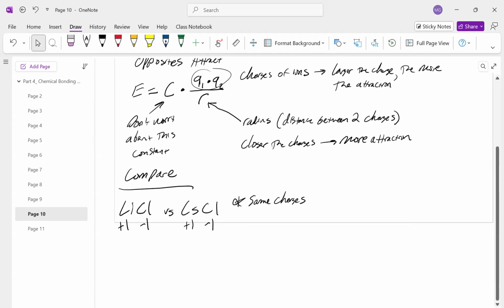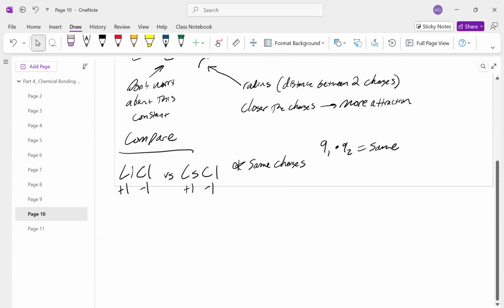So same charges. What does that mean? That means there's going to be no difference in the top term of Coulomb's law. That Q1 times Q2 is the same for both lithium chloride and cesium chloride. But there is a difference in the radius. Again, look at your periodic table. You'll see that lithium is almost at the top of the column, just about.